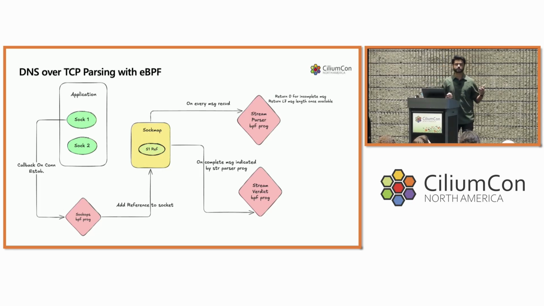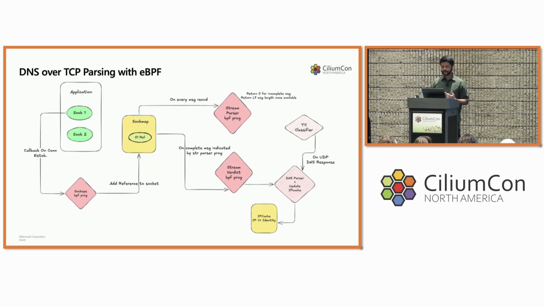There's an RFC that specifies how DNS over TCP works, and the interesting part is that the first 2 bytes tell the entire message size, even if it is split across multiple packets. So in the stream parser BPF program, we wait till we get the first 2 bytes, get the length of the entire DNS message, and return that. Then the kernel would call the stream verdict BPF program once the entire message is ready. In that stream verdict BPF program, we can implement all of the parsing logic using BPF loops that will allow us to parse multiple answers.